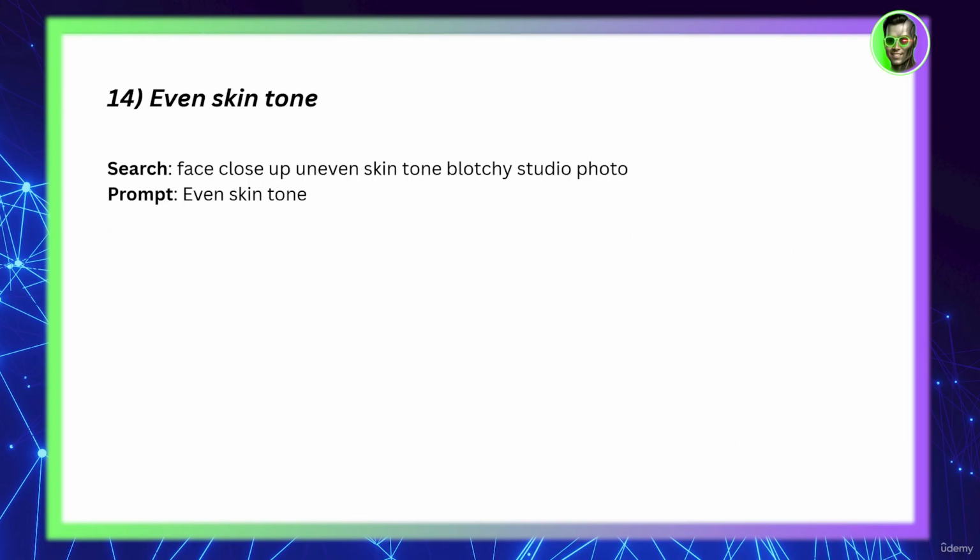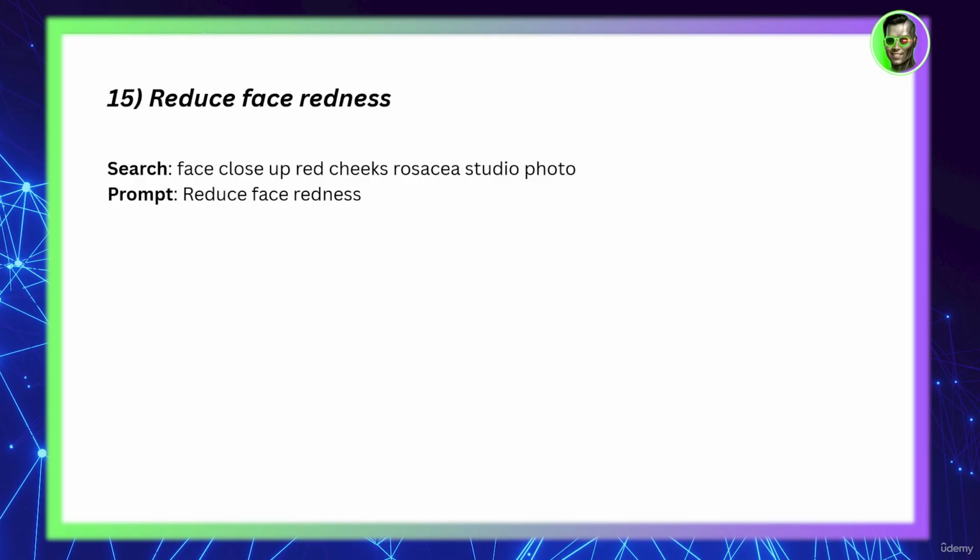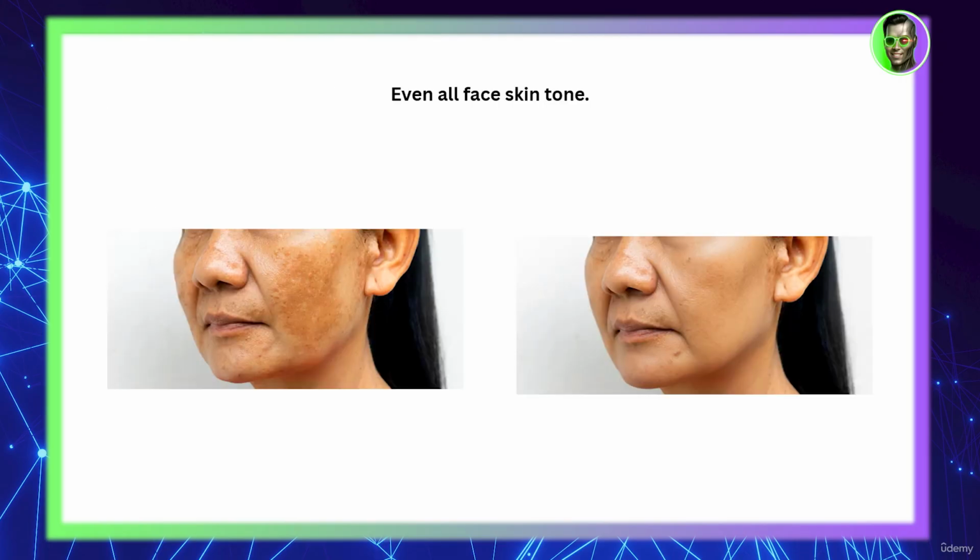Now, the skin tone can also be evened out, especially if somebody has burn scars, or they're exposed to the sun a lot, or they have a skin disease, or some kind of a problem with their skin. Sometimes even water does this.